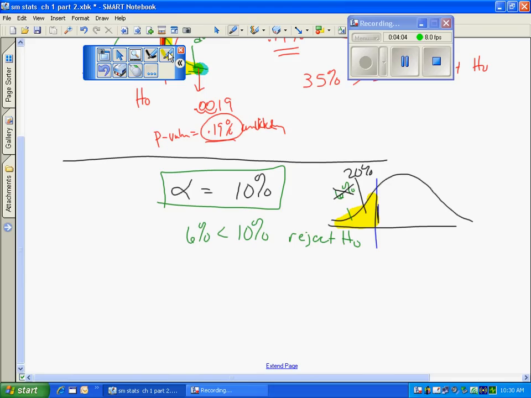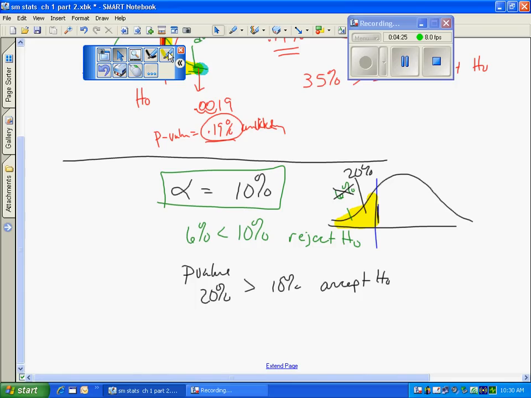Comparing my p-value, which is 20%. It came from probability, looking at page 407. Compare that p-value to my alpha. This is greater than 10%, so it's not unlikely enough, so therefore I need to accept my null.